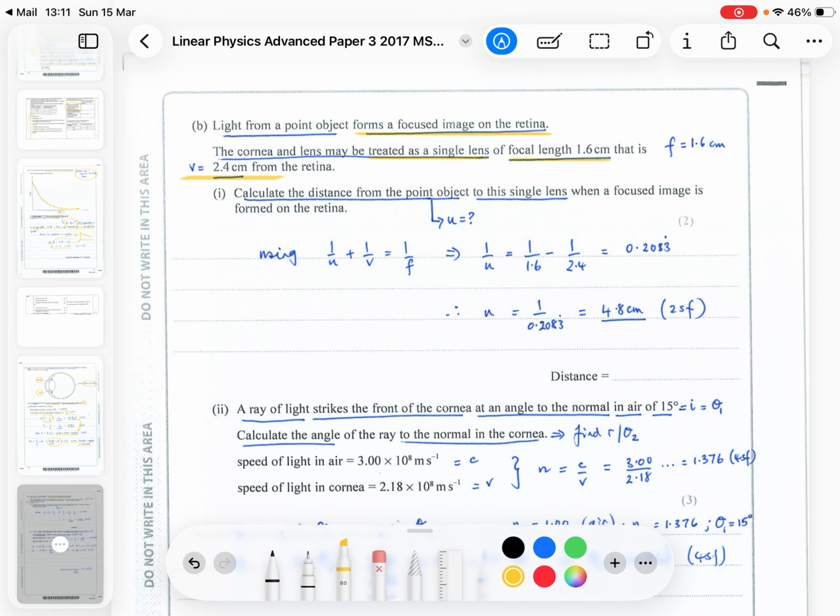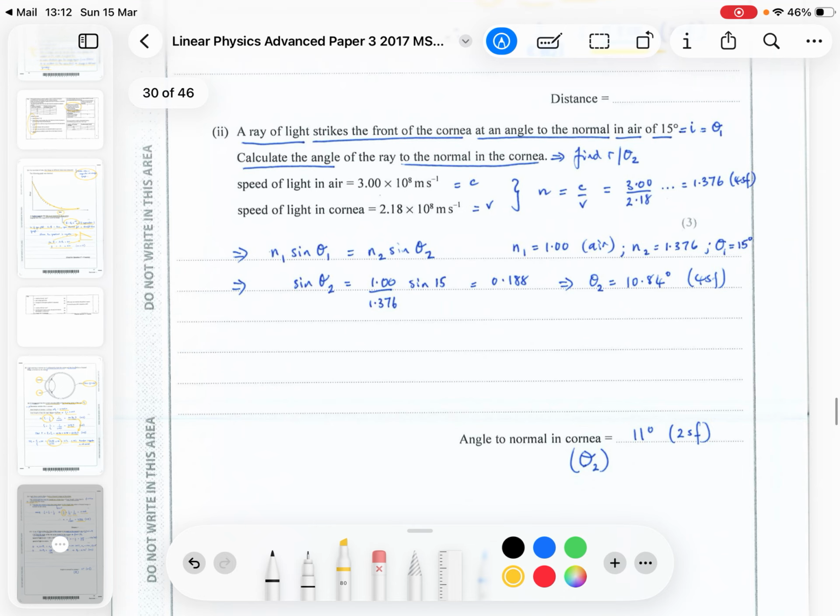Calculate the distance from the point object to this single lens when a focused image is formed on the retina. So we know that V should be 2.4, and we want to work out U. So U will be 1 over F minus 1 over V. And you get this, reverse it, you get 4.8 centimeters.